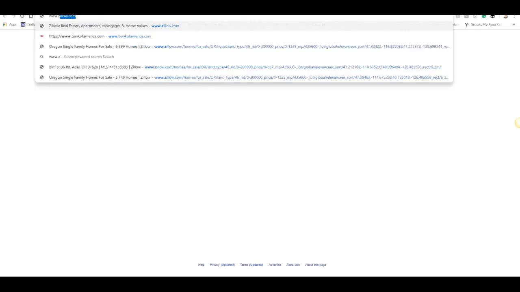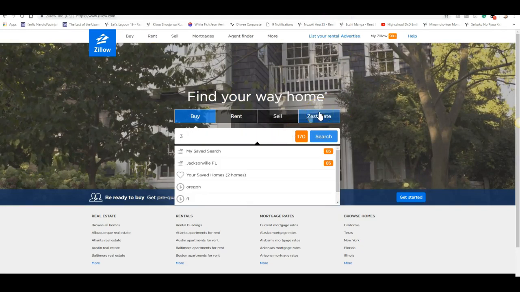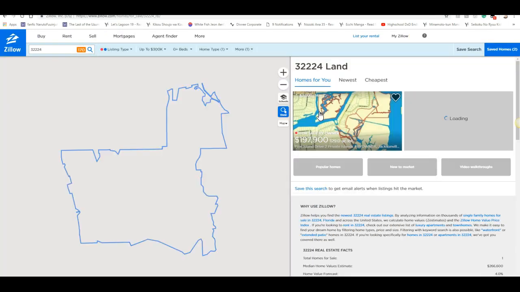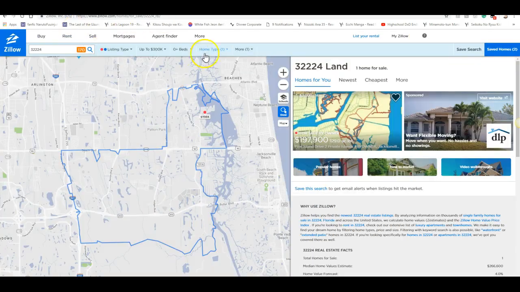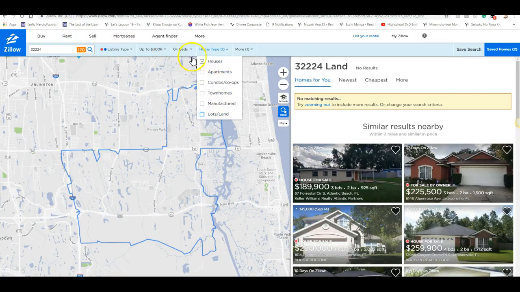So I'm going to go to Zillow. So you don't have a house. This is where I live in Jacksonville, Florida. Let's say 32224 in Jacksonville. Okay, I had it on land, so let's put houses.